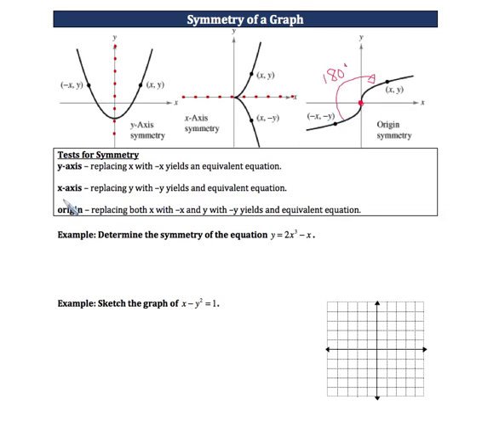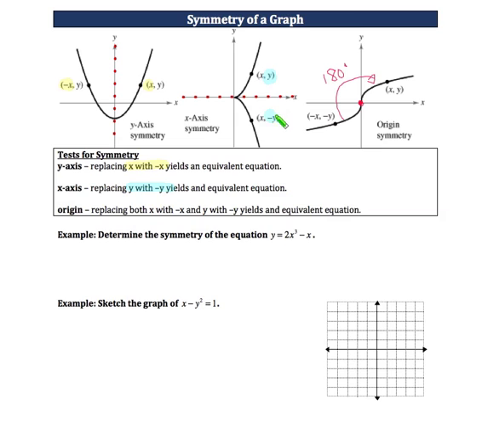So let's look at the tests here. To test for y-axis symmetry, you want to replace x with negative x, and then check to see, is that equation still the same thing? So you can see here this x with negative x idea. For x-axis symmetry, we want to replace the y with negative y and see, do we get the same equation?